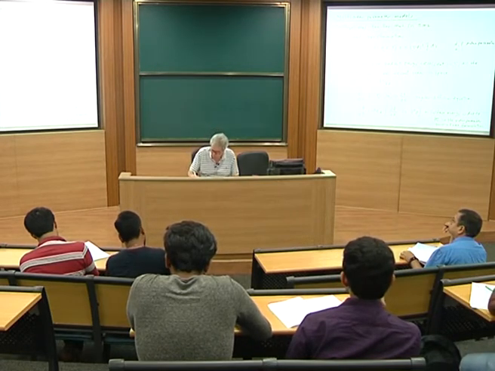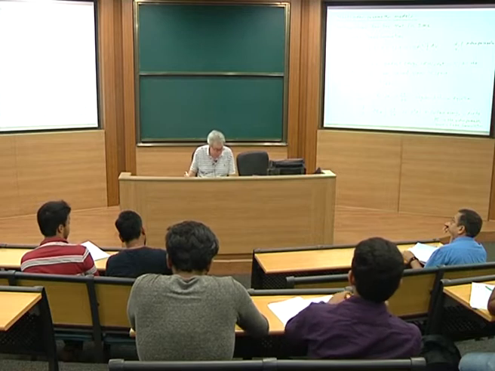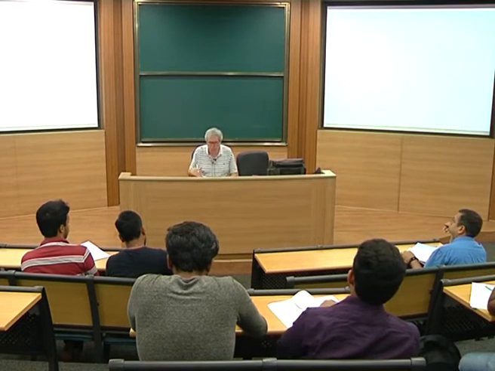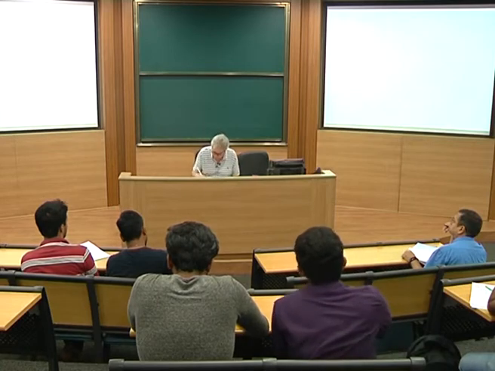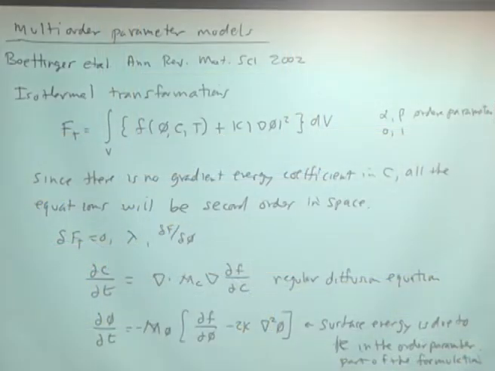So it's all based on the same machinery. So you may wonder why we chose this very specific double well free energy function. Well, that's because that's in fact used in almost all of these treatments.